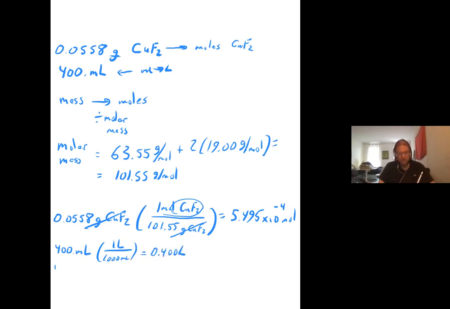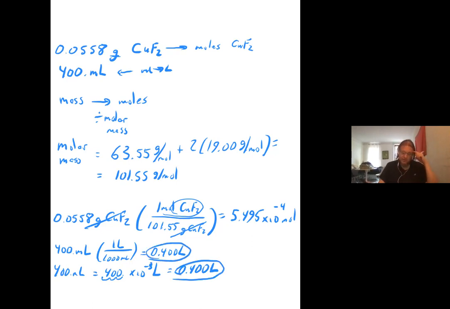Or you can say 400 milliliters is equal to 400 times 10 to the minus 3 liters. If you want to get rid of the scientific notation, move it to the left by 3, which increases the exponent by 3, giving you 10 to the 0, which is equal to 1, and you get 0.400 liters. So it's the same answer either way. You can use the 1,000 milliliters per liter, or you can put it in scientific notation, and that'll give you the same answer.